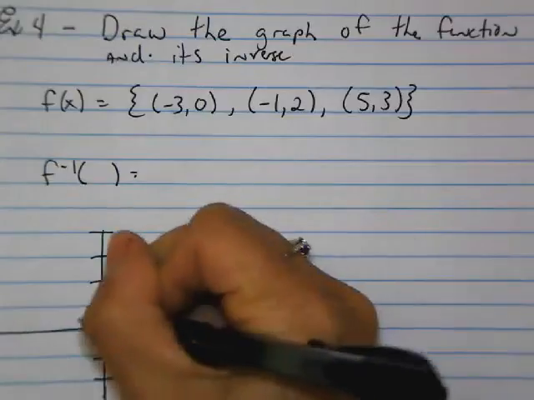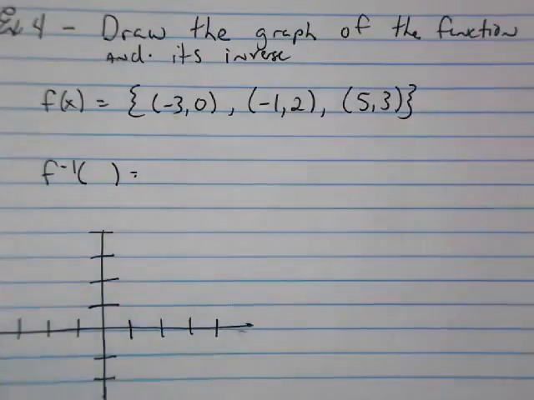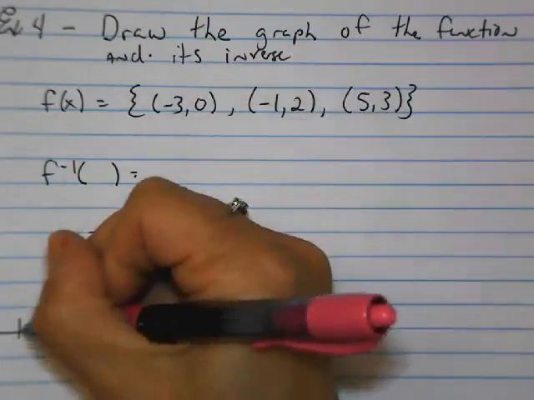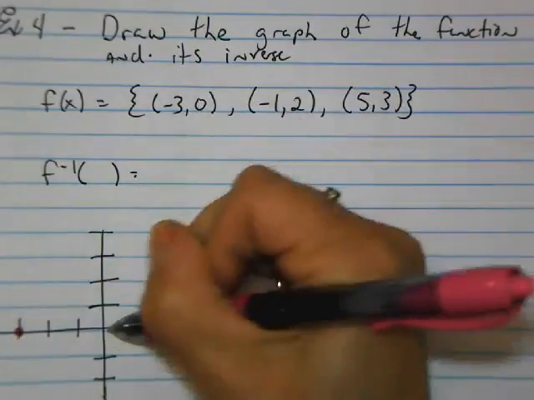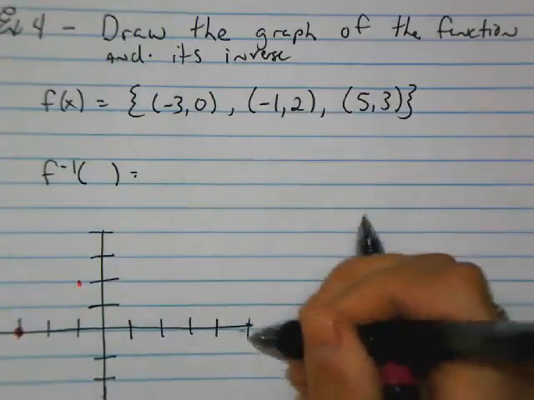Alright, so my first function, negative 3, 0, negative 1, 2, 5, 3. Okay.